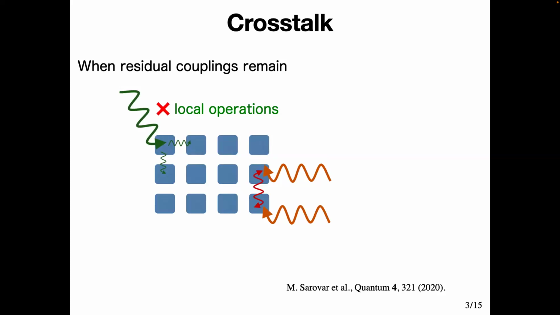So we cannot do local operations. Moreover, even if we want to do two independent single qubit gates here, they may affect each other. So we cannot do independent operations.